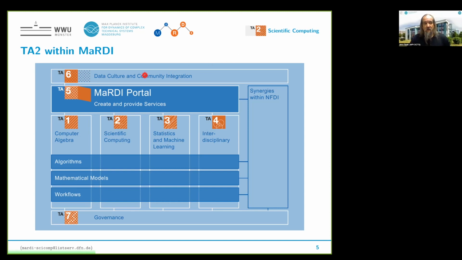So data culture and community integration is another important layer in the entire concept, because while for everyone that is participating in a seminar like this, it's probably very clear that we all have data that define our research and that needs to be preserved and described in ways that other people can use them again.